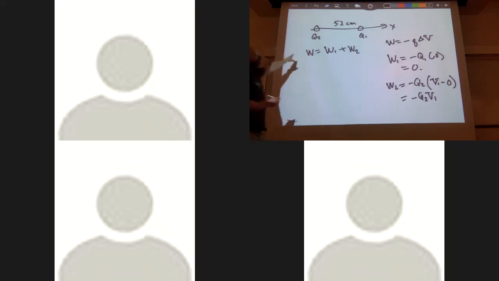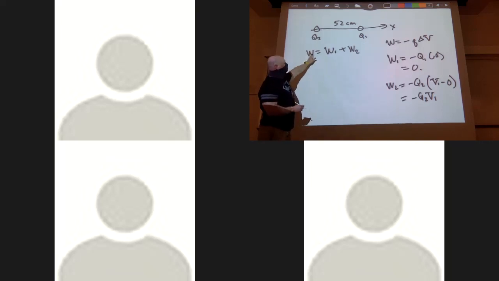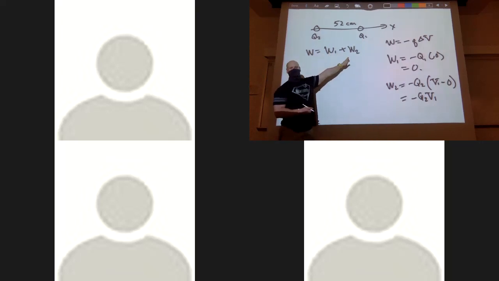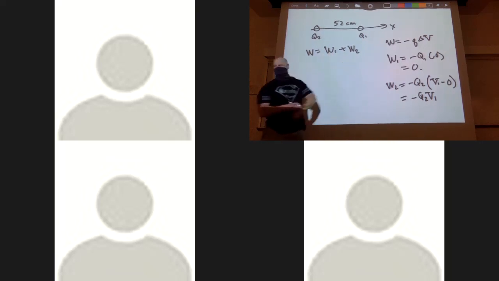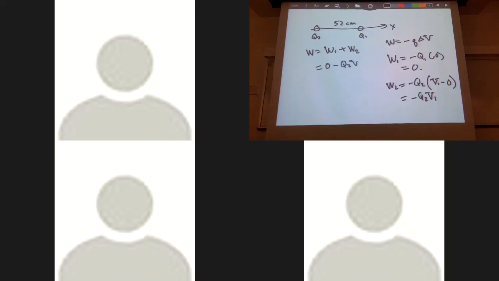So the total amount of work it would take to bring in Q2 is equal to 0 plus the work it took to bring in Q2. So this is equal to 0 minus Q2 times V1, which is equal to minus Q2 times K times Q1 divided by the distance between the two, which is 0.52 meters.